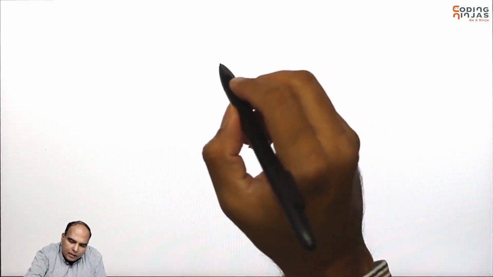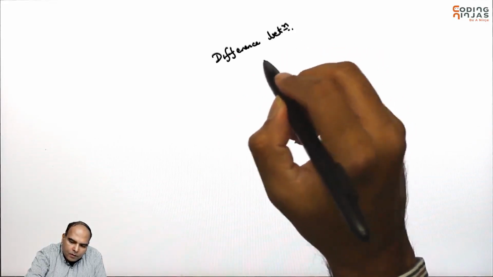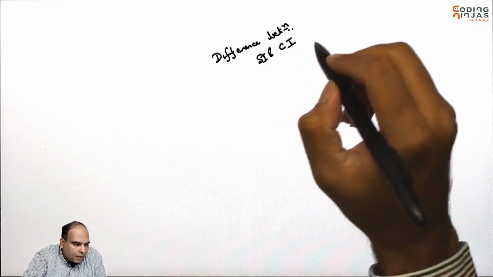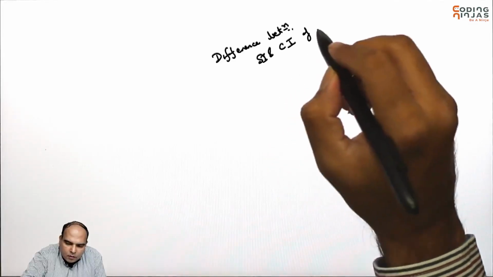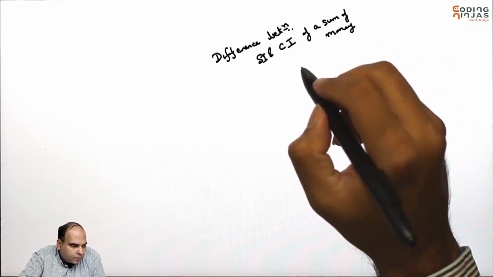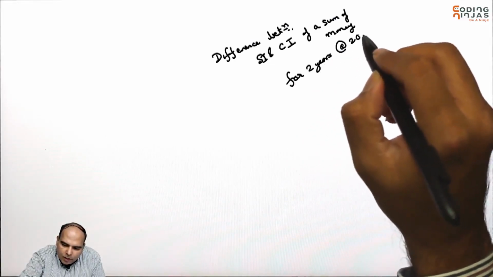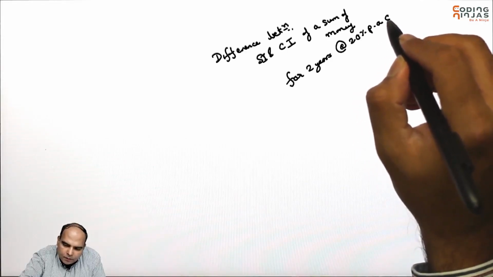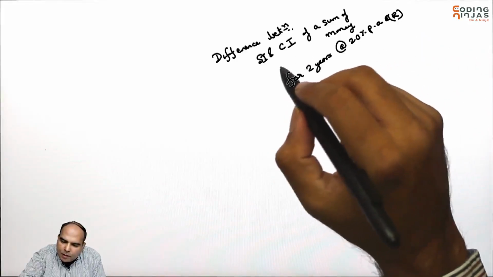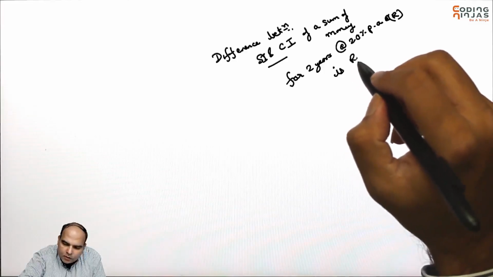So if I tell you that the difference between simple interest and compound interest of a certain sum of money for 2 years at 20% per annum rate of interest, whether it's compound or simple, is rupees 48.